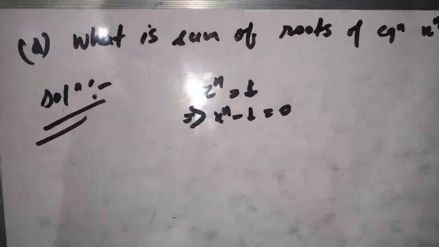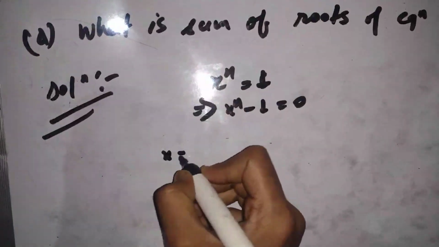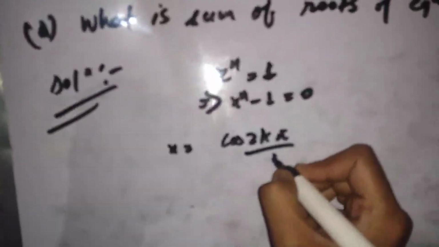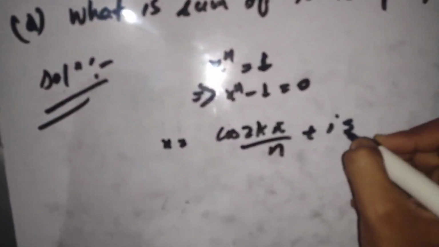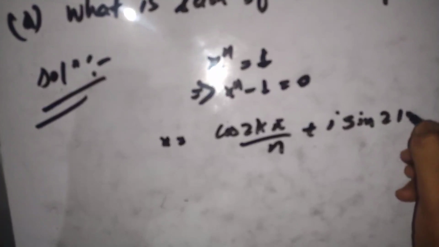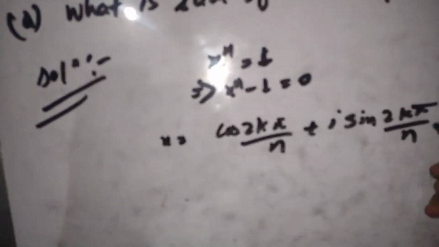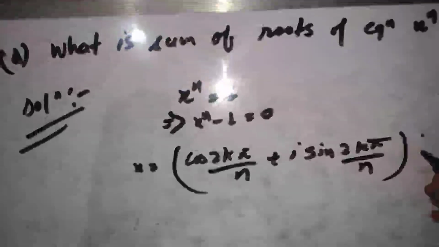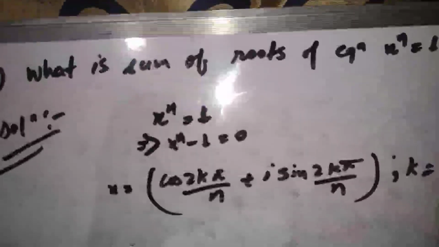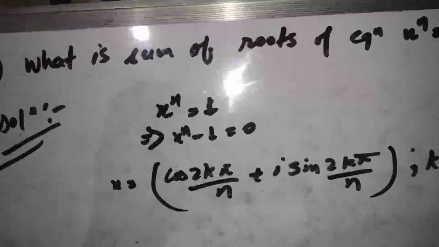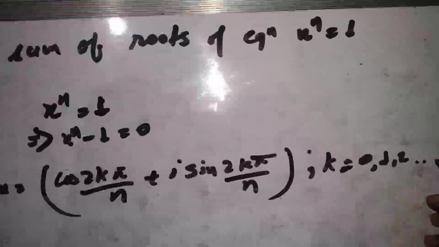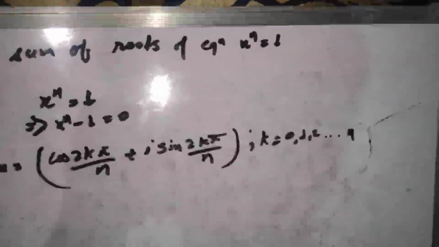We know the roots are x equals cos 2k pi by n plus iota sine 2k pi by n, where k equals 0, 1, 2, all the way up to n.